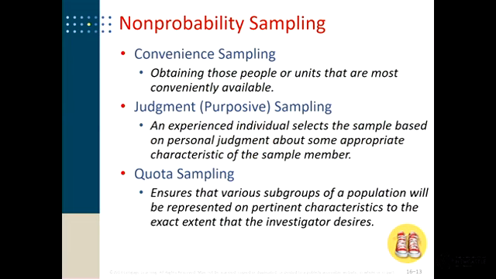Let's say that you are doing research on energy conservation, and you want to include people from both urban areas and rural areas. Now, you understand that energy conservation behavior, or attitude towards energy conservation, will likely be different in the urban areas and in the rural areas.